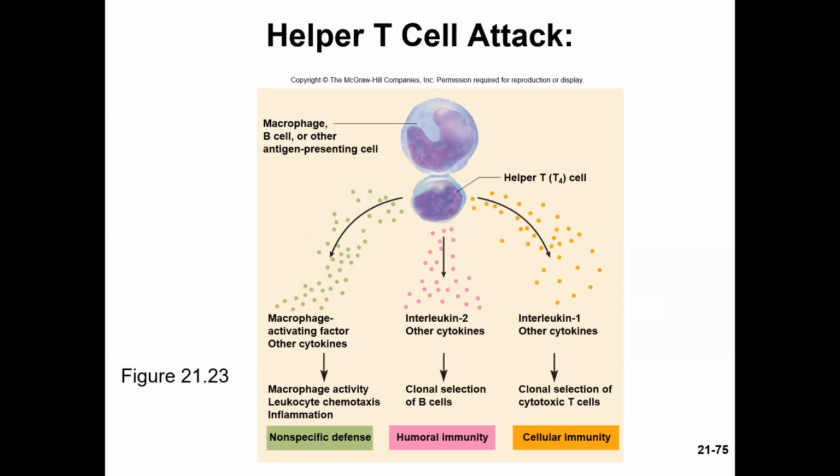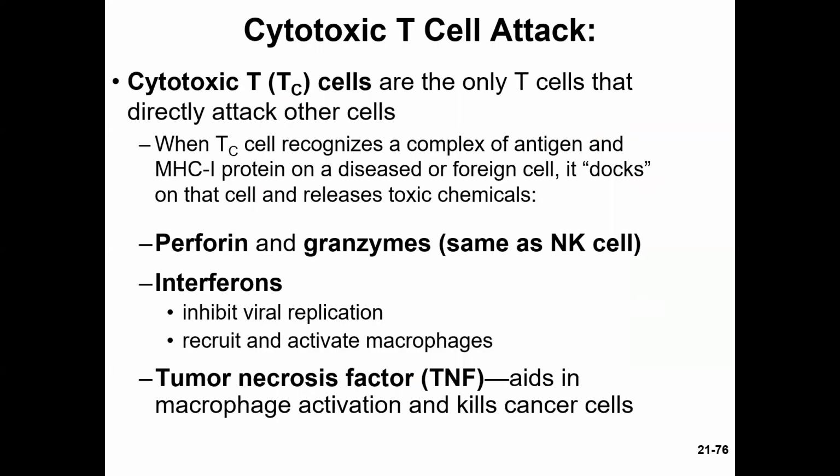And this is the non-specific defense. When it gets activated with interleukin-2 and other cytokines, clonal selection of B cells is produced, and this happens in humoral immunity. When that helper T cell is activated by interleukin-1 and other cytokines, the clonal selection of cytotoxic T cells will take place, and this is cellular immunity.